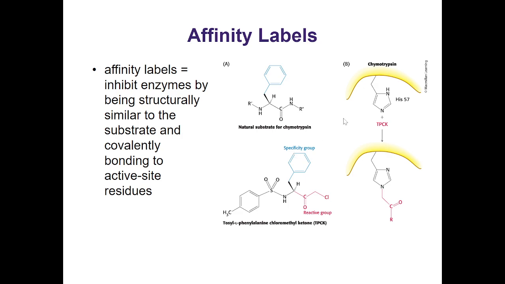That's the group that's going to target the normal binding of the natural substrate for chymotrypsin. So it would have that same sort of interaction and bind there, right? And then this has a reactive group over here that's going to react in that binding site. And so it'll get stuck there with a covalent bond. Okay?